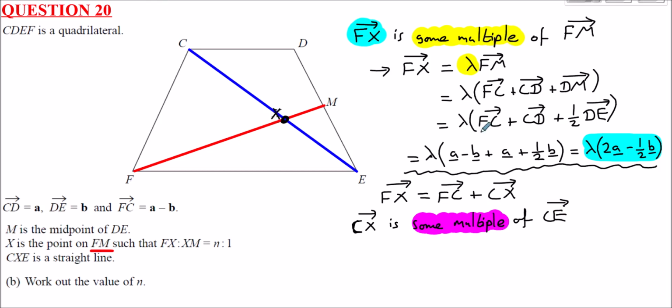I can call this multiple, say, mu. So I'm going to say that CX is mu lots of CE, where mu is just a Greek symbol. I could have used a different letter, but this mu just means some multiple. I'm not sure what the value of this multiple is yet.